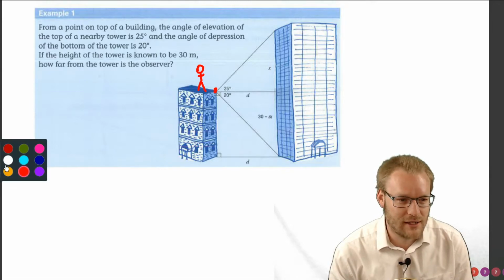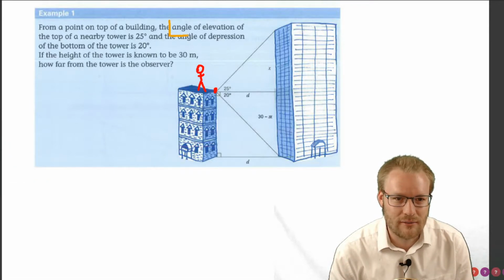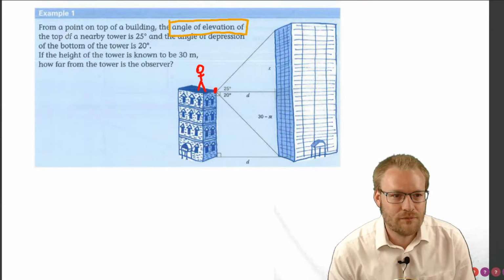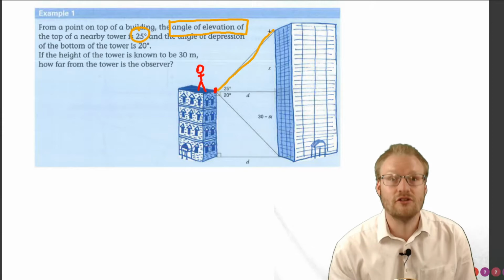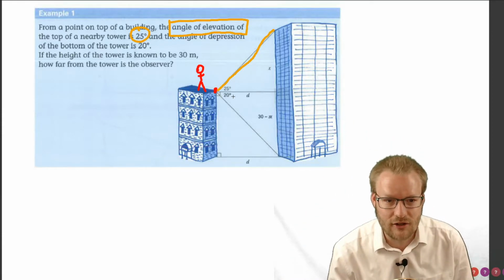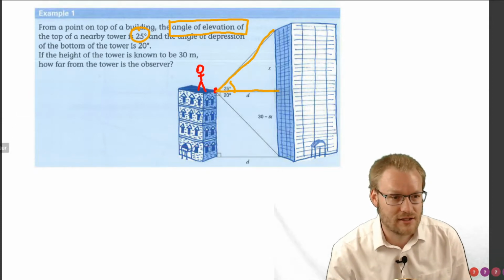Here's something that we may have half looked at. Angle of elevation to the top of a nearby tower is 25 degrees. So angle of elevation, looking up. That angle, if we drew it in compared to looking straight out, is 25 degrees.